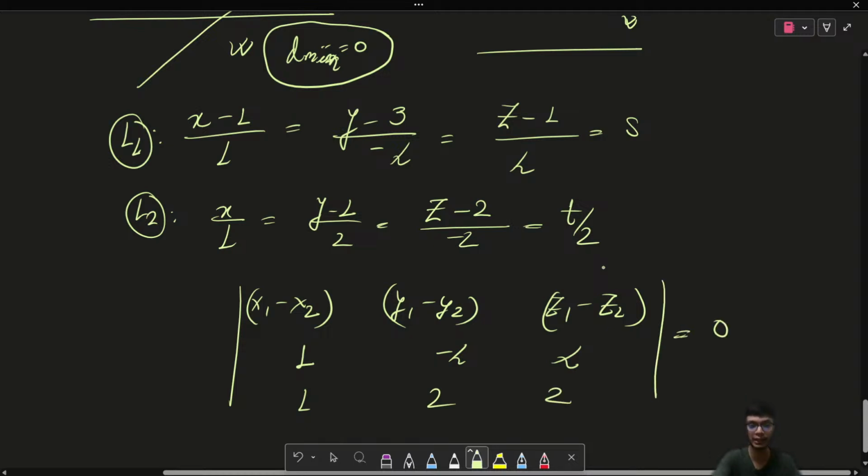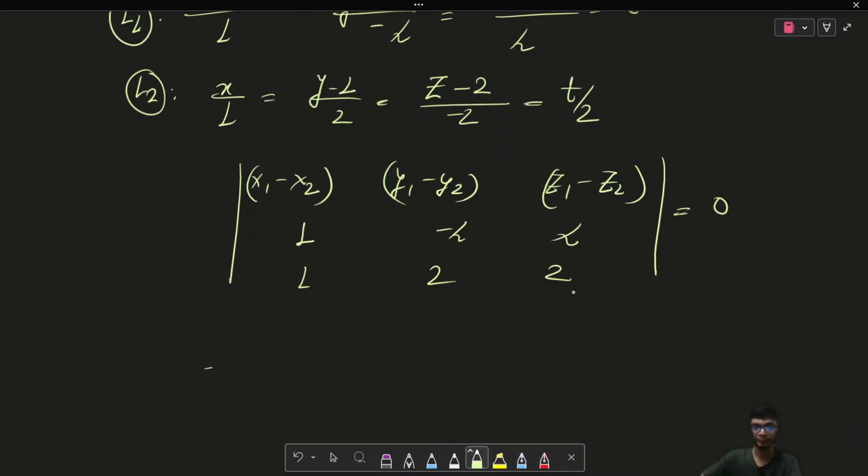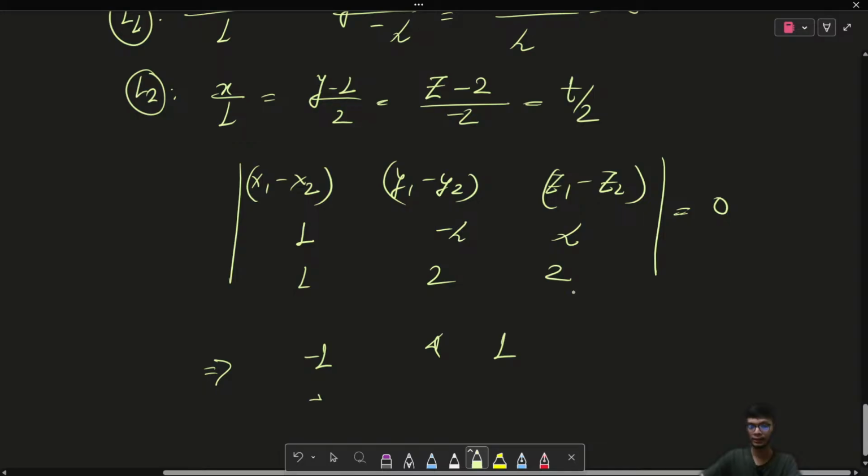If I solve this determinant equal to 0, then I will obtain minus 1, 4, 1, 1, minus lambda, plus lambda, 1, 2, and 3.